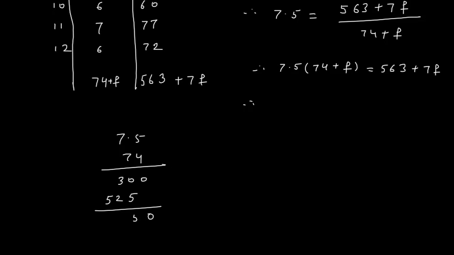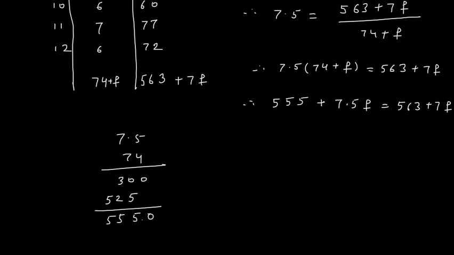So this is 0, this is 5, this is 5 and this is 5. Okay, so 555. What we got? We got 555 plus 7.5 into f. 7.5 into f.